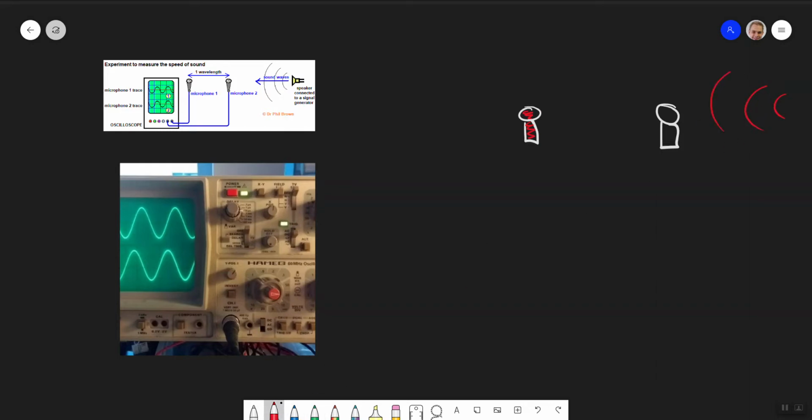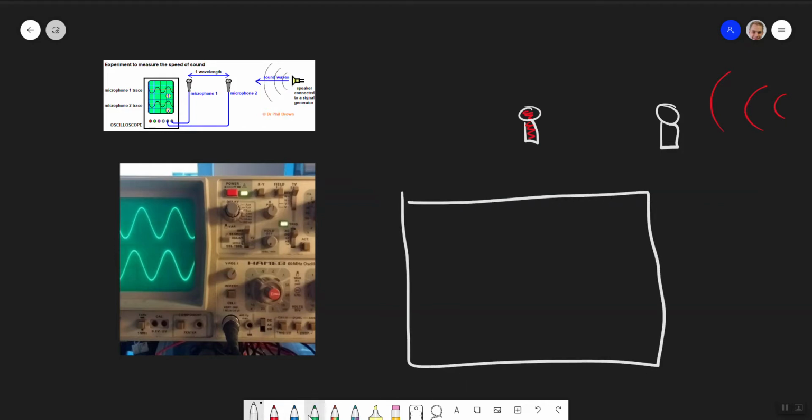They will generate some traces on our oscilloscope screen. I'm going to colour this first one in blue. So we'll get a trace from the blue one, and on the screen, let's say it looks like this. And then we get a trace from the red one.